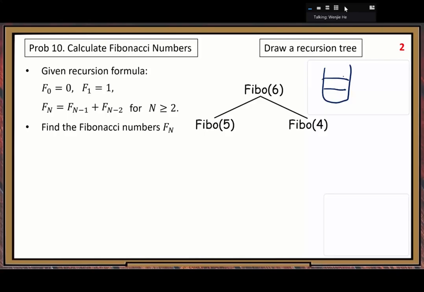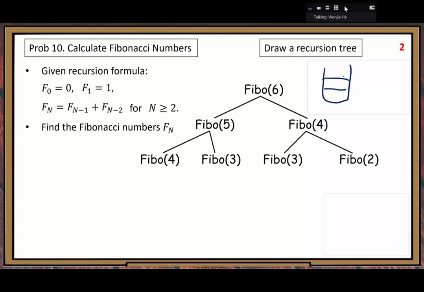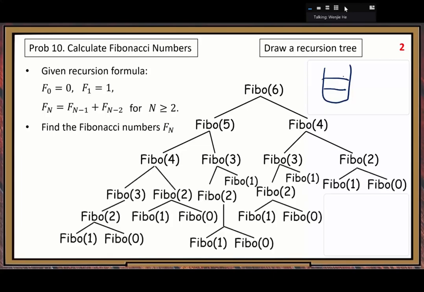Then, in order to calculate F of 5, you need another round of recursion: F of 4, F of 3. Another round here, and so on. We do the recursion all the way down to the bottom, because we need to reach the base case, then we can stop.